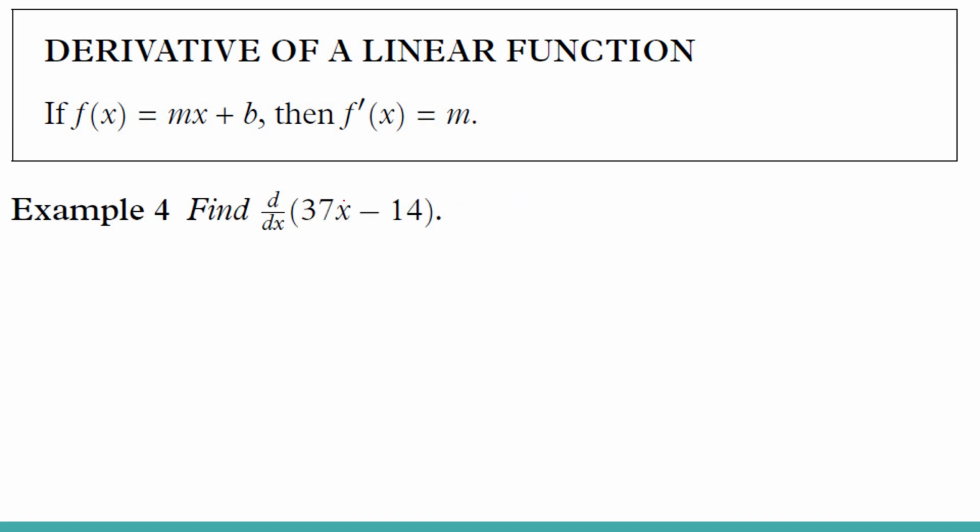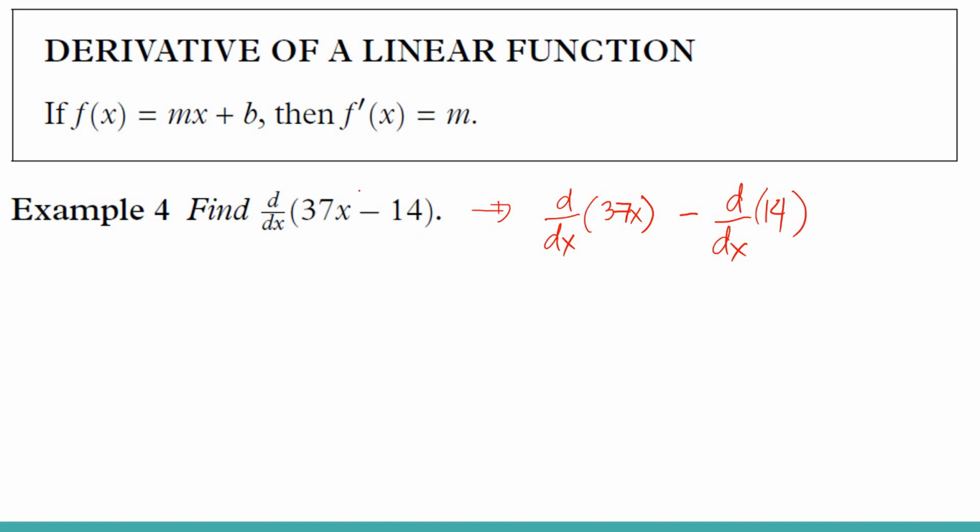Find the derivative of 37x minus 14 with respect to x. Actually, this example can also be written as the derivative of 37x with respect to x minus the derivative of 14 with respect to x.